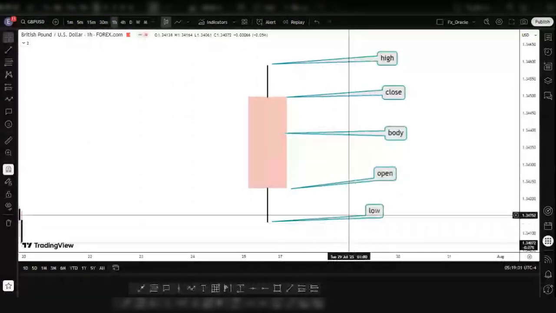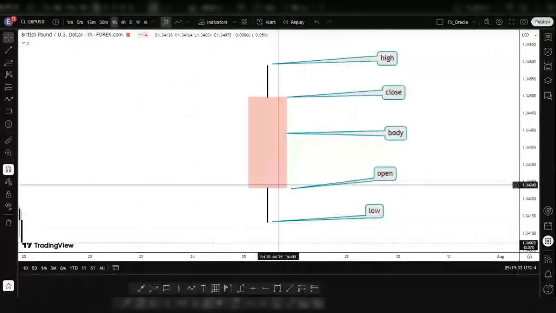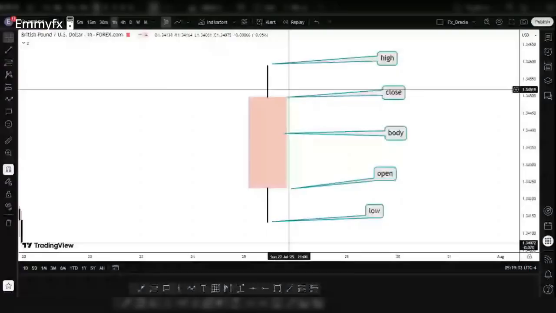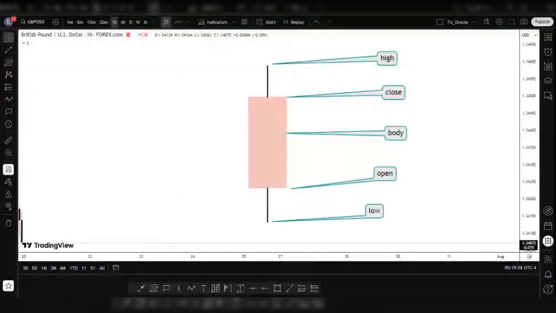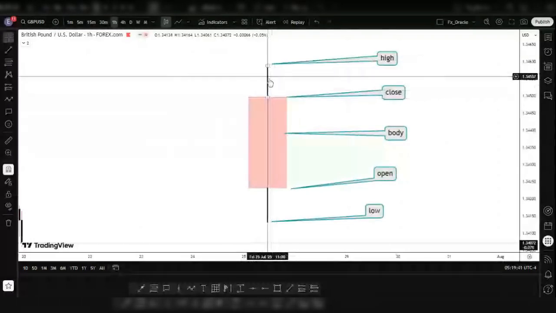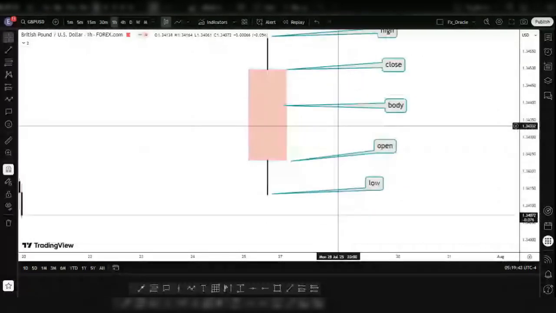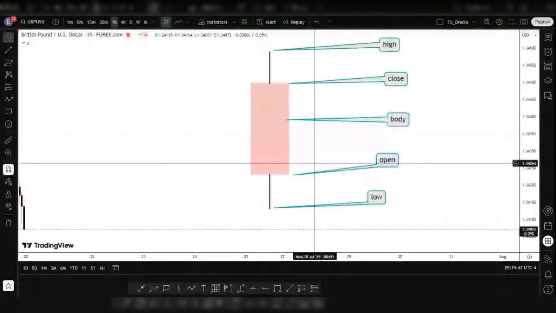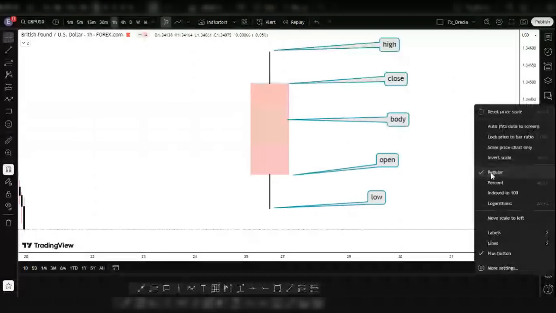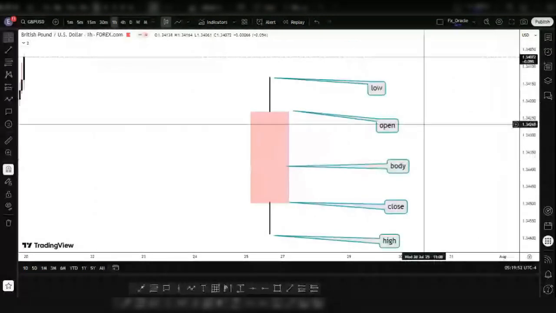So you must know this. In fact, you must have this at the back of your head so that you'll be able to know what is all about on a candle. So, let's assume this did not open here, let's flip this to the downside.